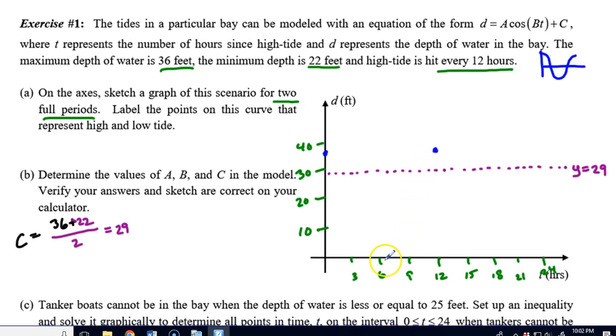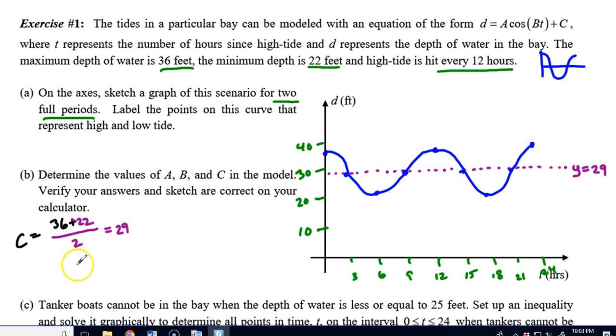And then I know at the halfway point, at 6 hours, it's at a minimum, so it's at 22. And therefore, at 3 and at 9 hours, it's got to be on the midline, because everything is split up into quarters. Okay, so hopefully that looks reasonable to you. Then we're just going to continue that cycle.